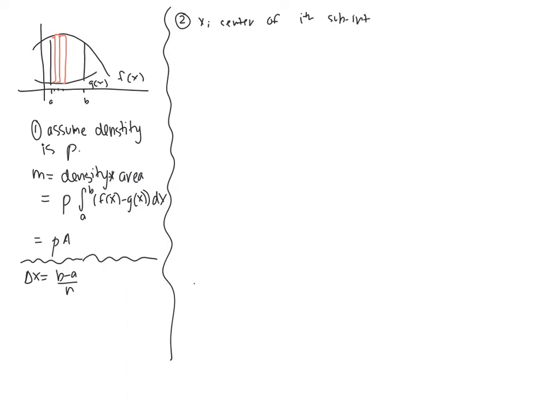So x sub 1 is the center of the first subinterval. x sub 2 is the center of the second rectangle. Now remember that my formula for My was this sum from i equals 1 to n of m_i x_i. So mass times location.